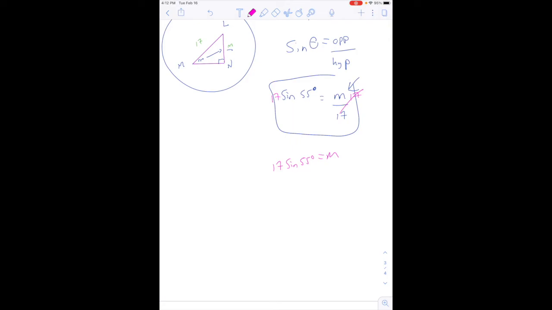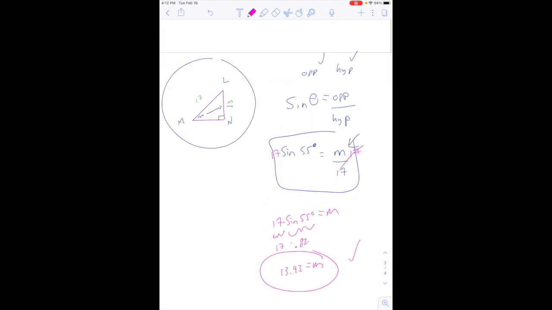So that's about 0.82 times 17. And you get that for an answer, you get 13.93 when I round. And I'm not going to bust you if you call it 13.92, but 13.93, that's my letter M.